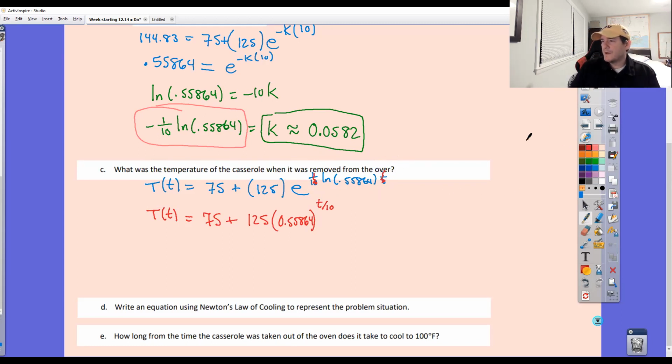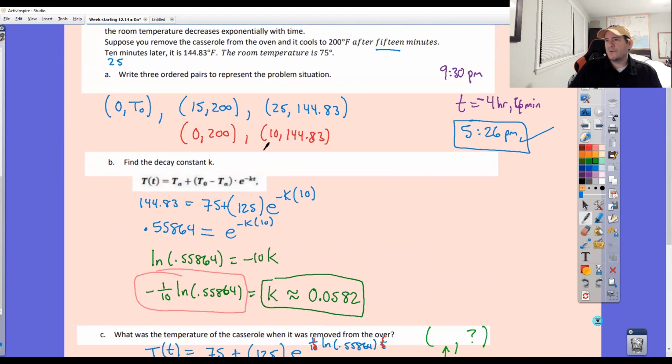What a typo. All right, this is a little different because they're asking you to find the temp. We haven't really had that problem before. So you know t, and you have to figure out this temp. We have to go back to our redefined variables. We are backtracking everything by 15 minutes, right?